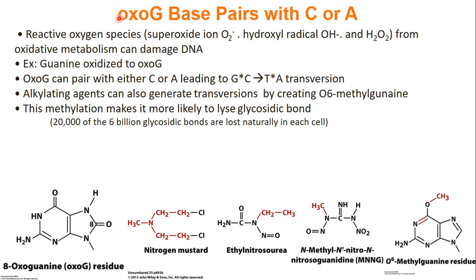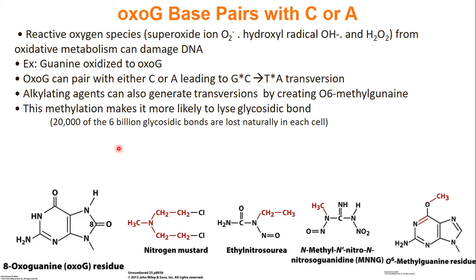So we're going to talk about reactive oxygen species and why they're bad. Superoxide ion, hydroxyl radical, and hydrogen peroxide can all be created through oxidative phosphorylation, oxidative metabolism, and they can damage DNA. One thing they can do is take guanine and make it into oxo-G, or 8-oxo-guanine.